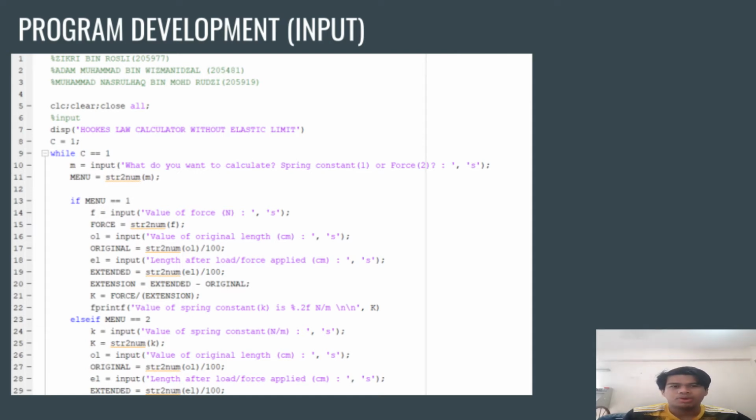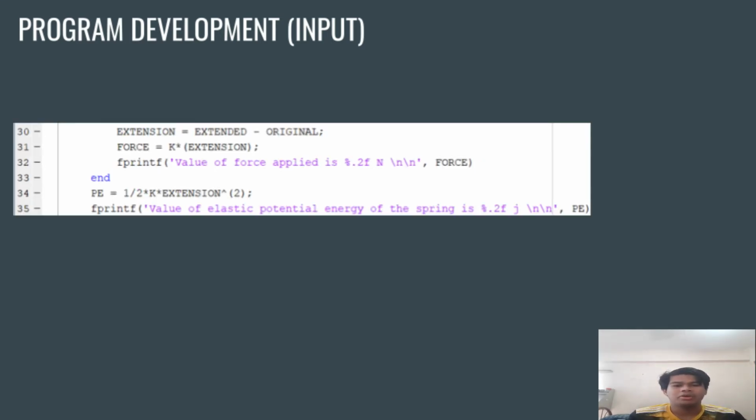But if the user enters number 2, we ask for the value of the spring constant, the original length, and the extended length after the force is applied. Then we calculate using the formula force equals K times extension, and print the value of force to 2 decimal places.